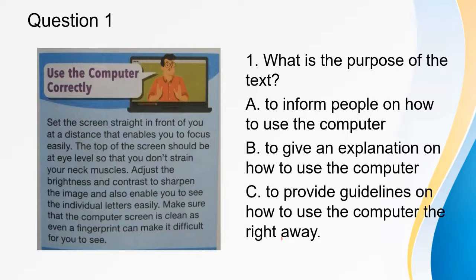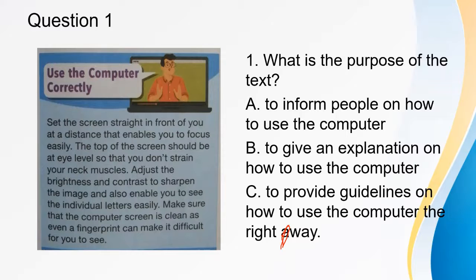Please cancel the A here. This is a typing error. Purposely the teacher wants to put it here for you to be alert. So you look at statement C: to provide guidelines on how to use the computer the right way. Yes, the answer is correct.